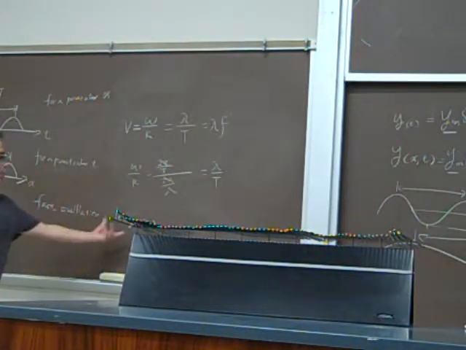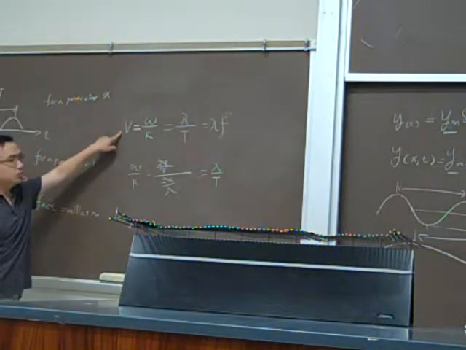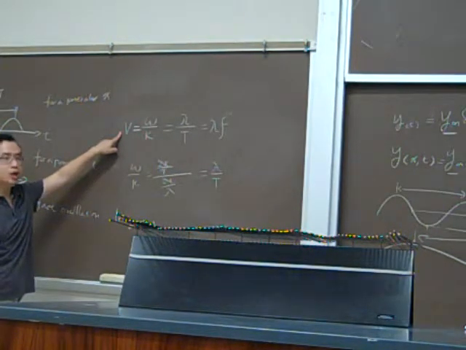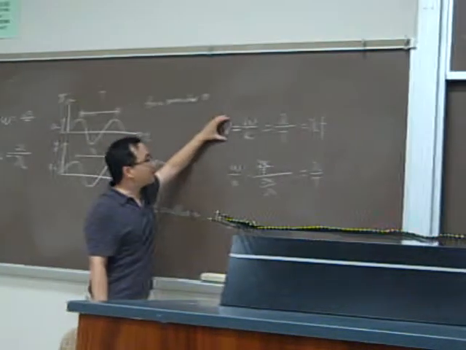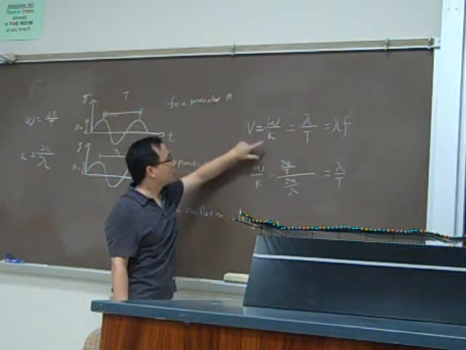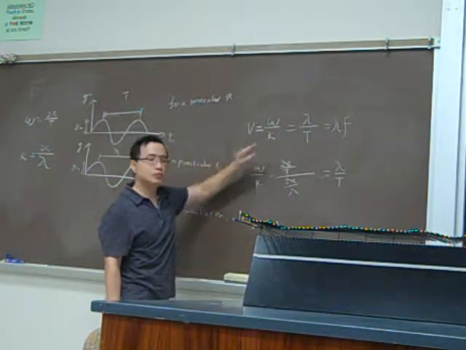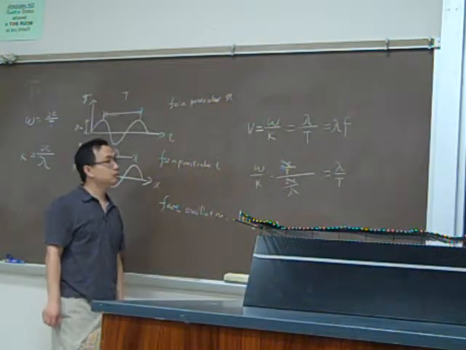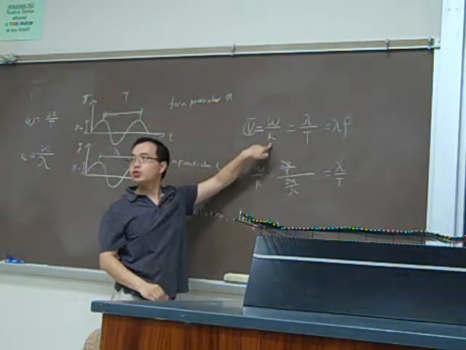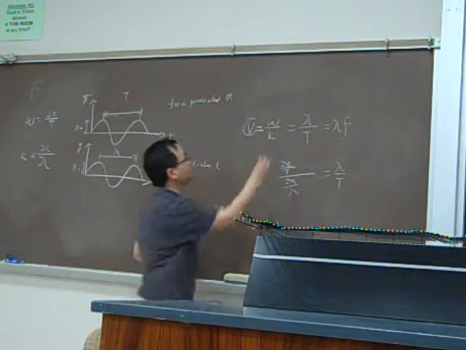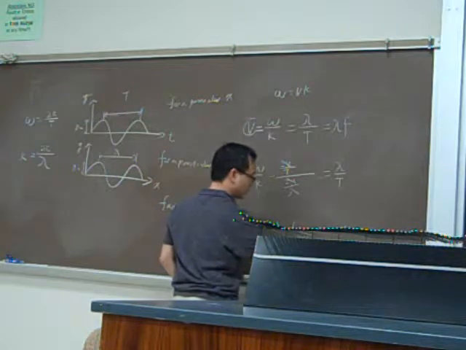Omega is called the angular frequency, so high frequency oscillation. Now, according to this equation, for a large omega, to keep the same wave speed, what do we know about k? Should it be large or small? Same V, large omega, should k be large or small? Large. Or you can write omega equals Vk. So large omega means large k.